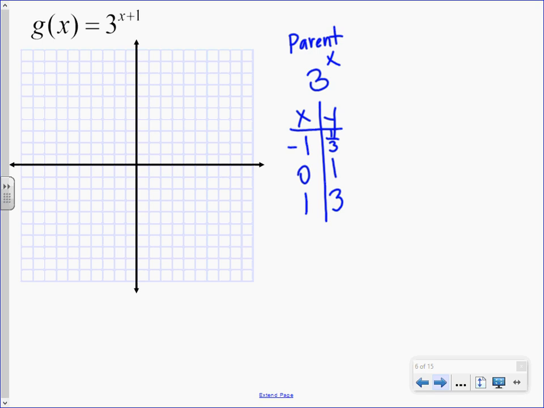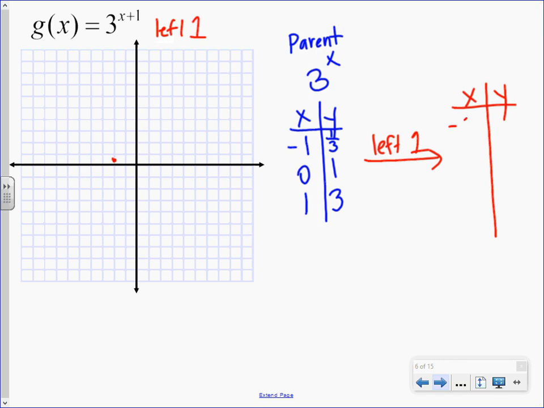Caleb, what is that 1 doing to our graph? It's going left 1. So this is a shift left 1. So I'm going to make a new XY chart where I take these points and I shift them left 1. So instead of -1, 1/3, I'm going to have -2, 1/3.